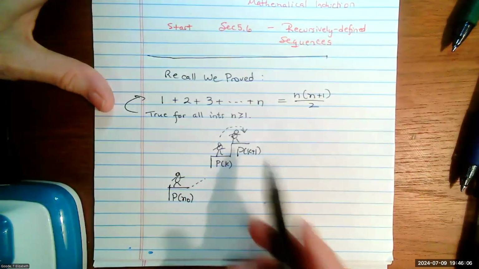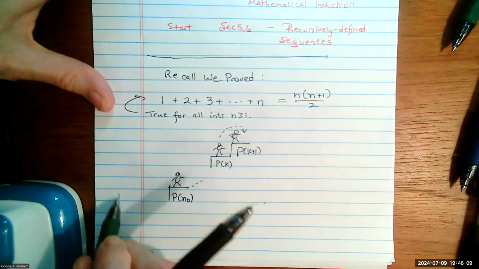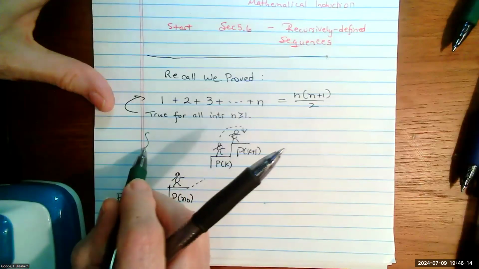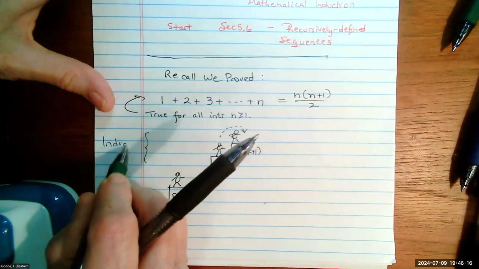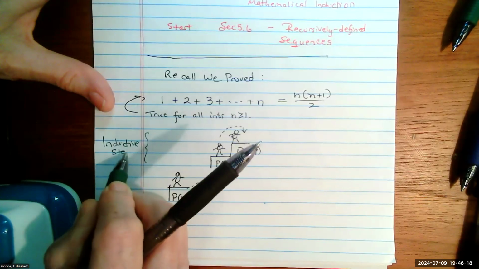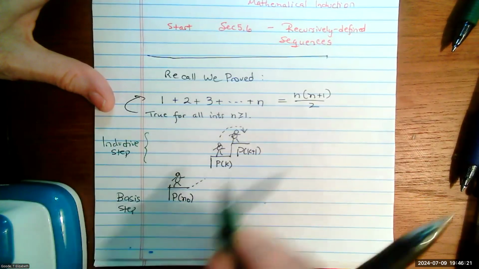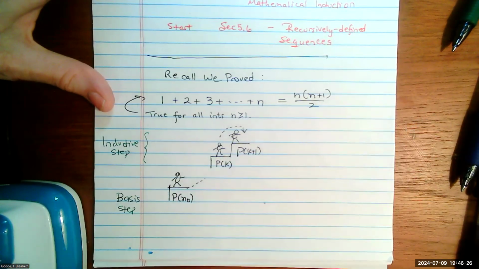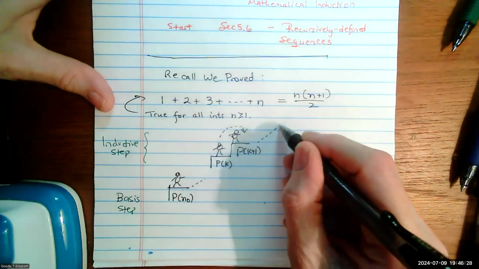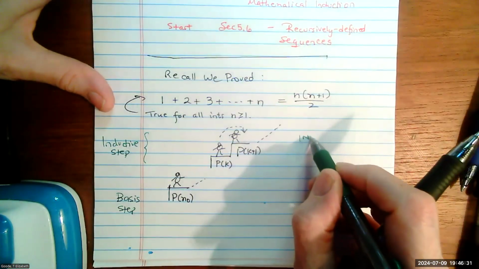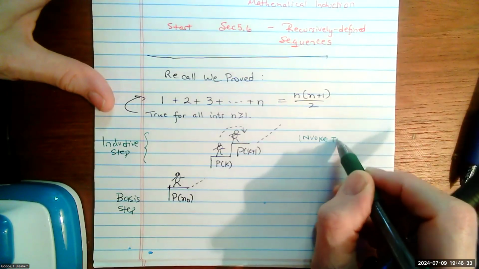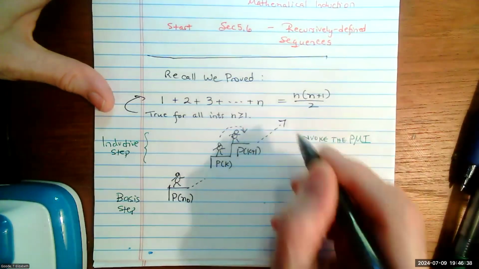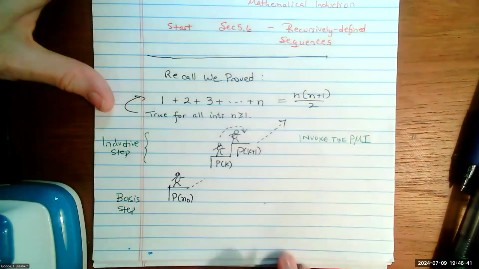If we can do those two things, this first thing is called the basis step, where we get onto the staircase. This second part is called the induction step, or the inductive step, where we say, if P of k is true, then we can show P of k plus 1 follows. So when we can do these two things, then we can invoke the principle of mathematical induction, the PMI, and we can climb up forever and ever, and the statement will be true forever after.